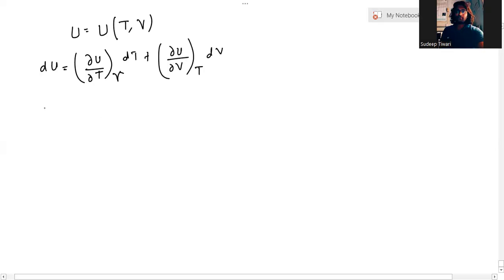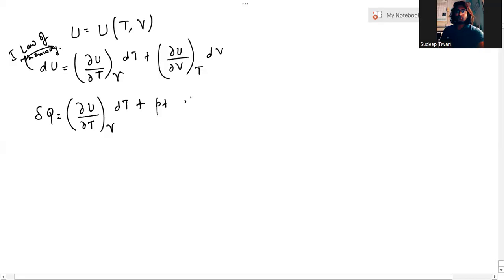Now, if I replace this dU in the first law of thermodynamics, in the absence of diffusive interactions, then delta Q will be equal to del U by del T at constant volume times dT plus P plus del U by del V at constant temperature dV. This is the new expression of delta Q when I am expressing my internal energy as a function of T and V.